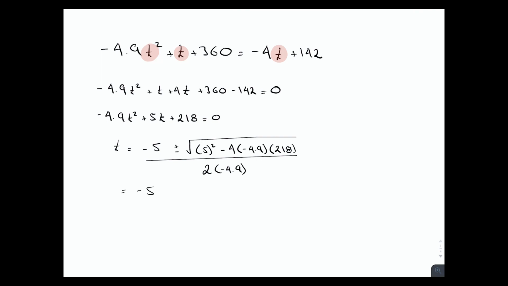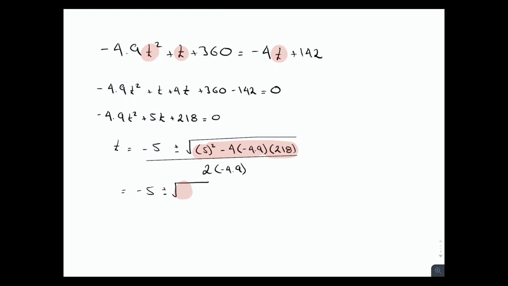So let's see what we get here. I'm going to do this calculation to the side with my calculator, on the discriminant, that is all the stuff underneath the square root sign. 4.9 times 4 times 218 plus 25.